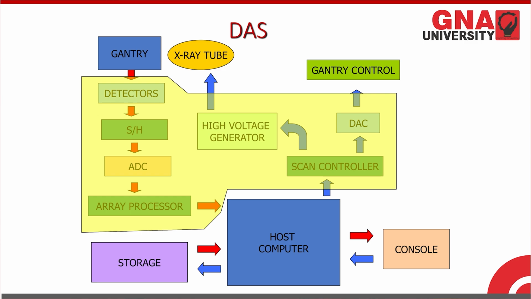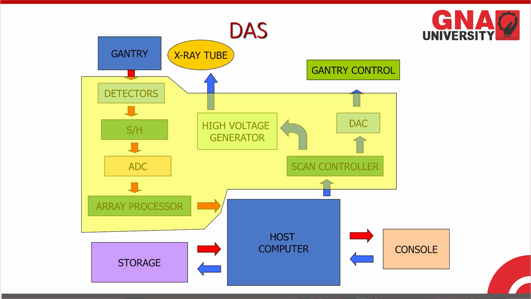The scan controller will go into the DAC, that is the digital to analog converter, and will eventually control the gantry. In the gantry, it controls the motion of the X-ray tube, the acquisition of the detectors and other electronic devices. The scan controller is also responsible for controlling the voltage of the high voltage generator, which finally gives the signal to the X-ray tube.